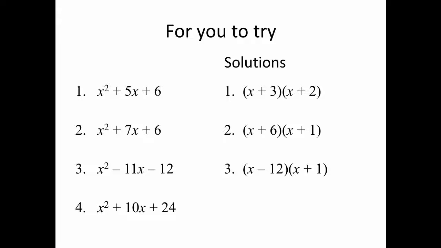And if those were difficult, you might try making your factor list. So that would be 1 and 24, which don't work, 2 and 12, which don't work, 3 and 8, which don't work, and finally 4 and 6. So the solution to number 4 would be x plus 4 times x plus 6.